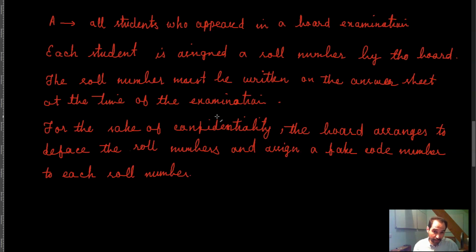That code number is assigned to that roll number, meaning the board itself knows that this code belongs to this roll number, and when they see the code they know the name of the student that way. So now that's basically the situation.